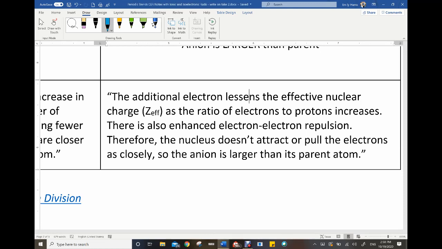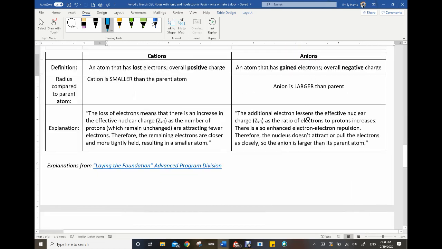It's also going to create some additional electron-electron repulsion, and that doesn't allow the nucleus to attract or pull the electrons as closely, which makes the anion larger than its parent atom. That shows you how to think through comparing the parent with either a cation or an anion.